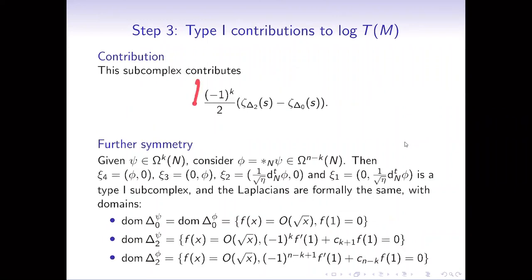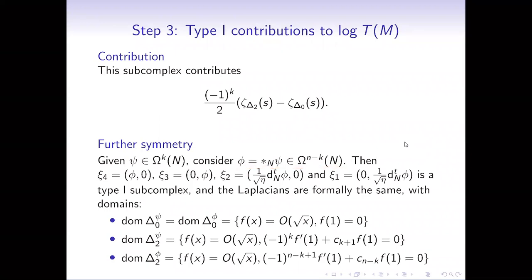So this was the contribution of the subcomplex. And then there's another order of symmetry in this whole affair, and that's given by the Hodge star. If we have this psi, this generator of our subcomplex of type 1, we can take its Hodge star and we get, well, an n minus k form a priori.